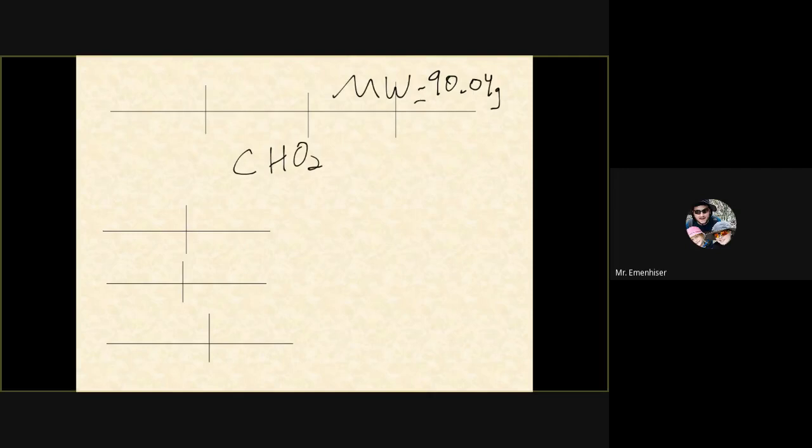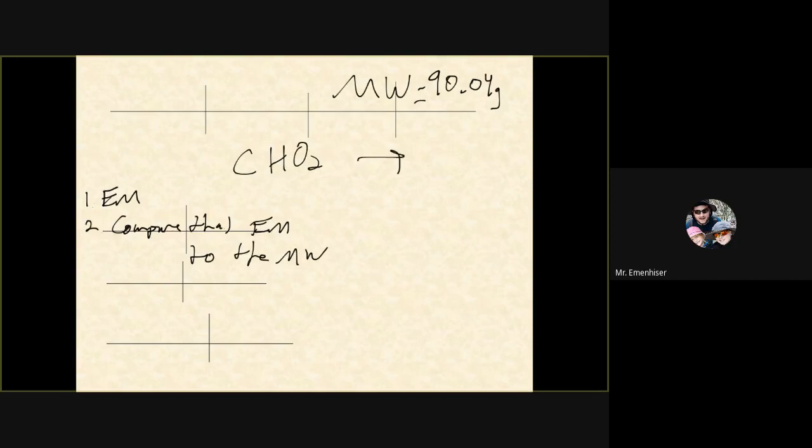Okay. So to determine the molecular formula, we need to find the empirical mass. Okay, so step one is to find the empirical mass and then compare that empirical mass to the molecular weight.